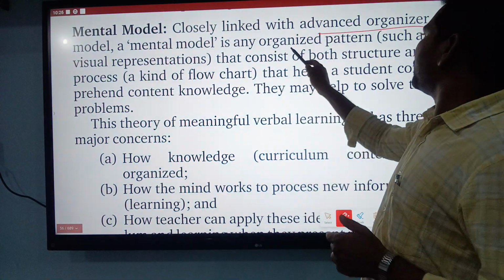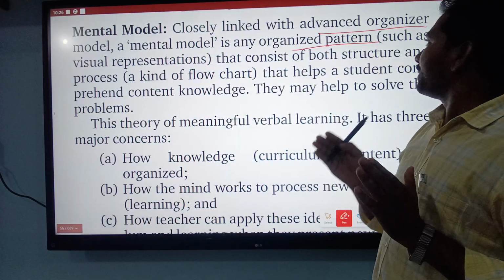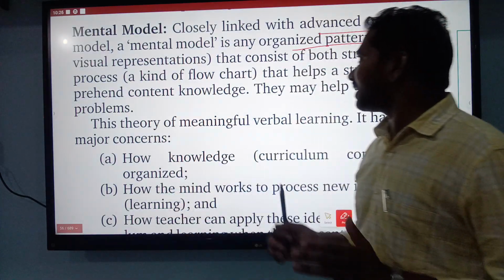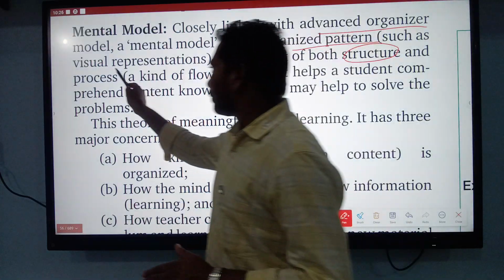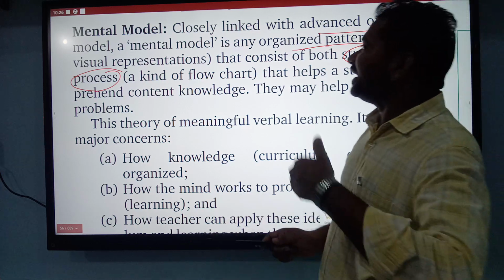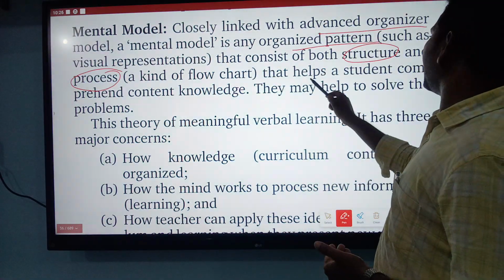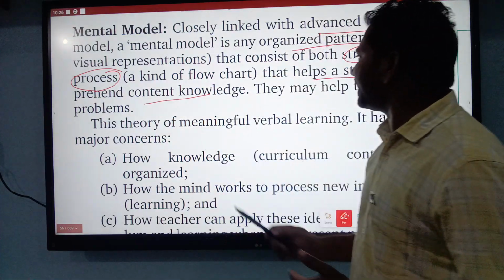A mental model has many organized patterns, such as a visual representation that consists of both structure and process. It is a kind of flow chart, and that helps students to comprehend content knowledge.